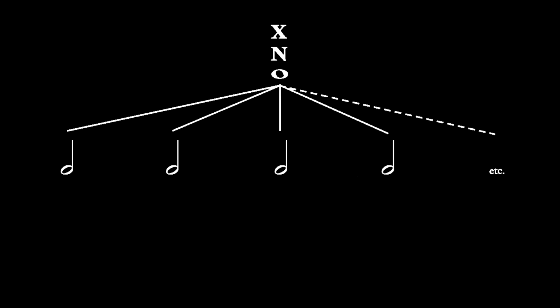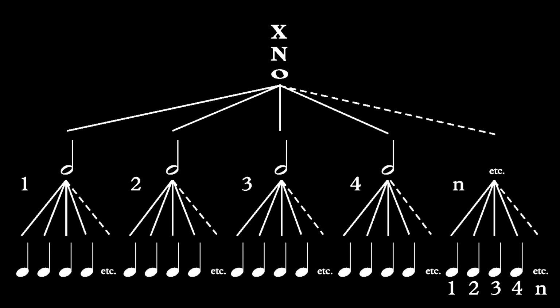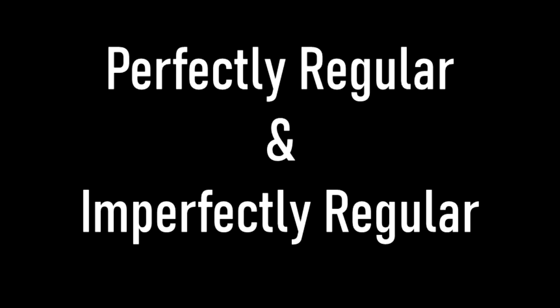Namely, if the first defined subdivision of the whole note, as given in the bottom number of a time signature, is into n equal parts, then all further subdivisions can be subdivided into any of the prime factors of n. From this premise, there are two general kinds of pan-rational time signature: perfectly regular and imperfectly regular.